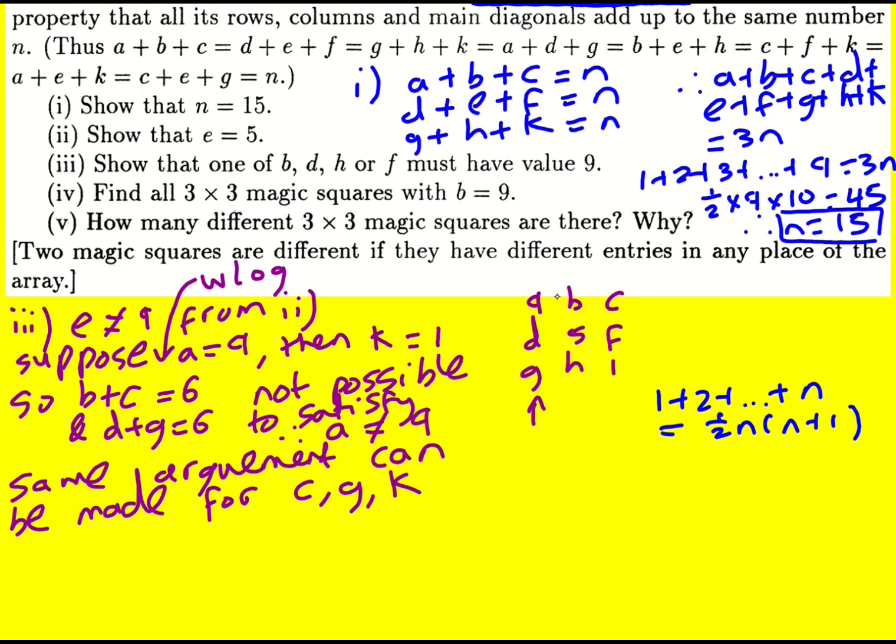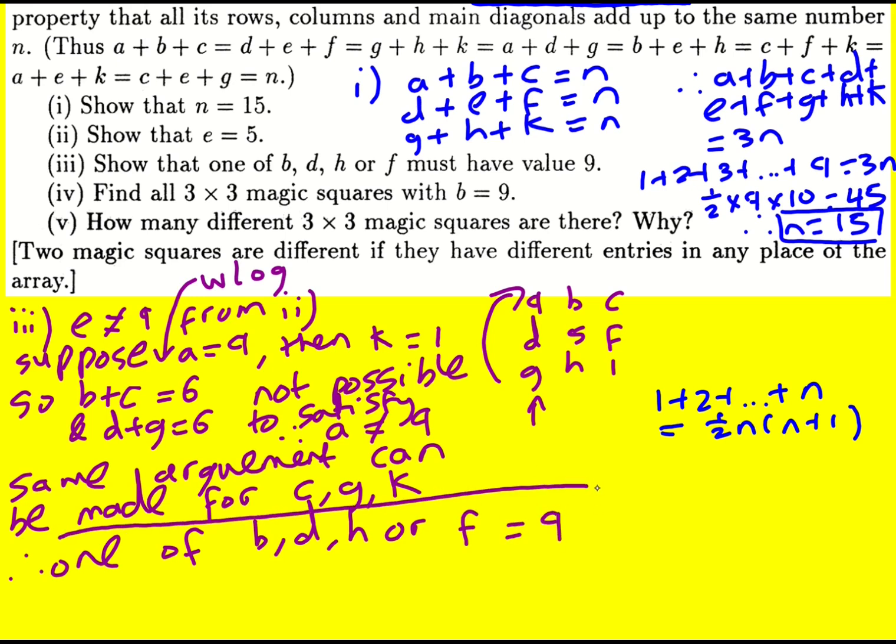We can imagine rotating the grid, then G would be up here, for example, so you can see the same argument applies. And therefore, the result follows: 1 of B, D, H, or F equals 9. Good.